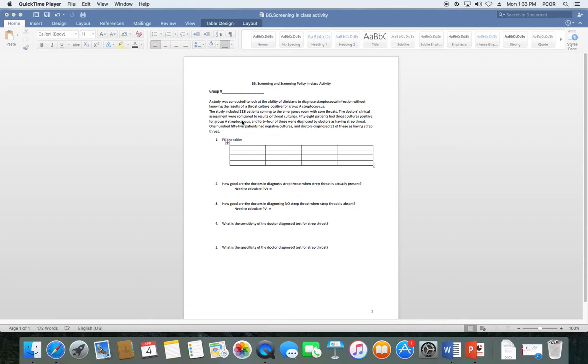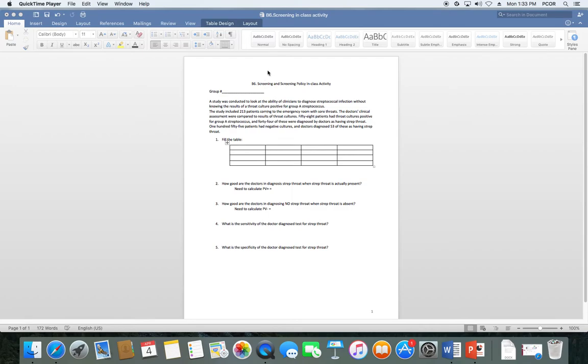So in this exercise, we will see if the doctor's diagnosis of strep throat is as good as the culture, which is the gold standard. But again, we would like to cut the time and treat the patients that have strep throat as soon as possible.